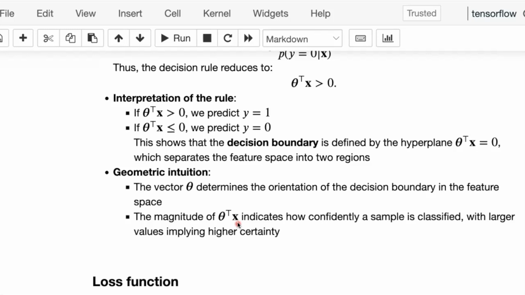However, as we said before, in order to find theta, the parameters of our logistic regression, we need to look at some suitable loss functions.